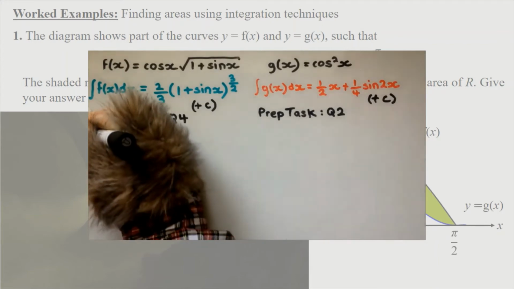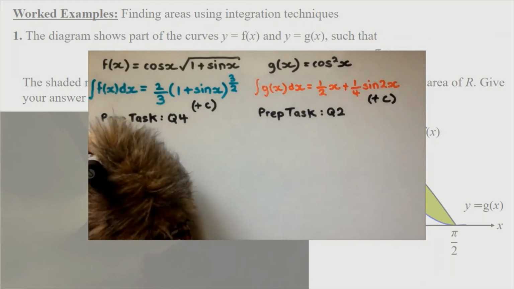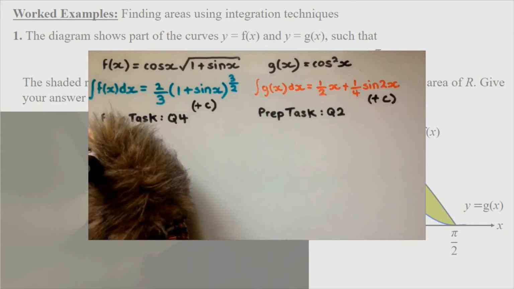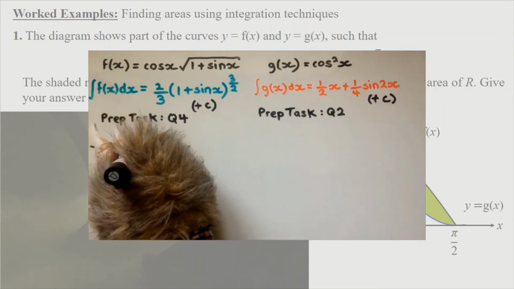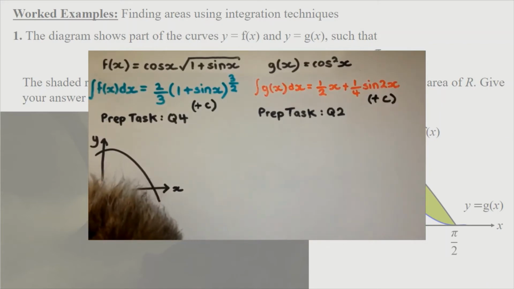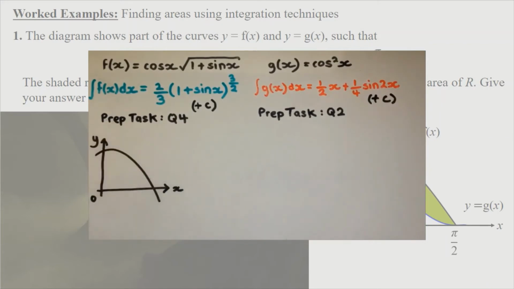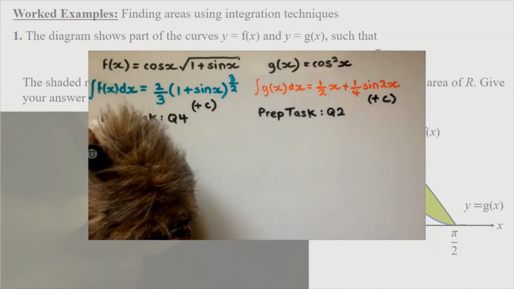There's the origin, there's y, and the curve f, which is cos x multiplied by the square root of 1 plus sin x, comes over like so, and cos squared, which is all positive, of course, behaves like this.